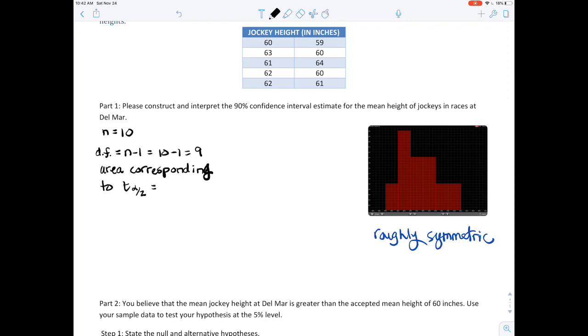We have a 90% confidence interval, so 1 minus 0.9 is equal to 0.1, right? So that's alpha. And so this would be t of 0.1 over 2, which is t of, good, 0.05. Good so far? Awesome. Which is 0.95, right?